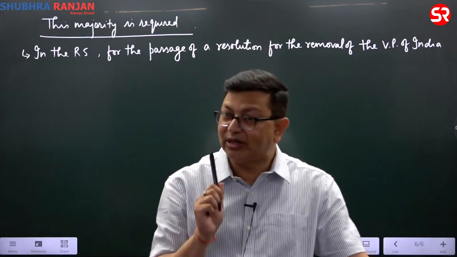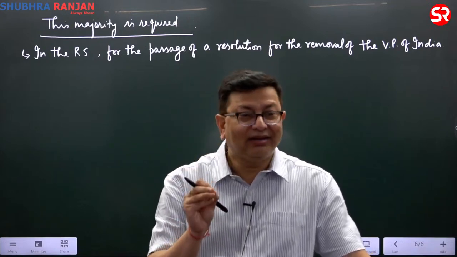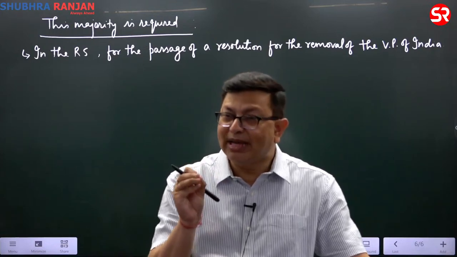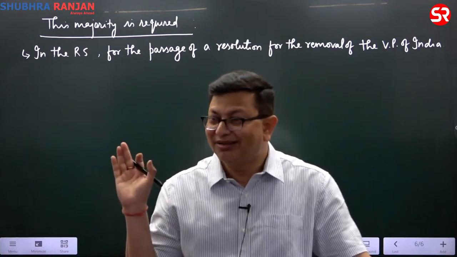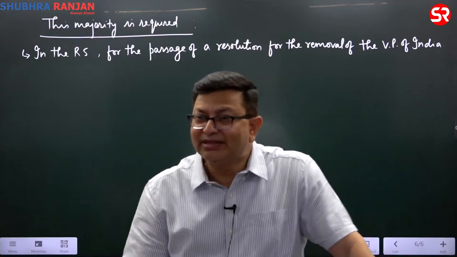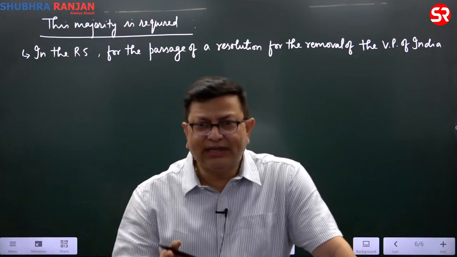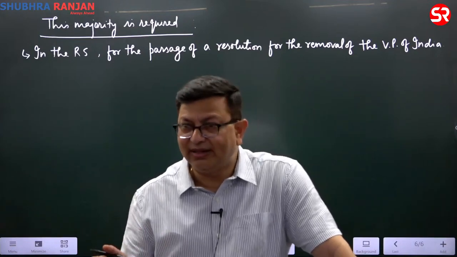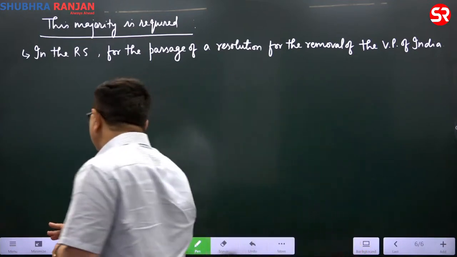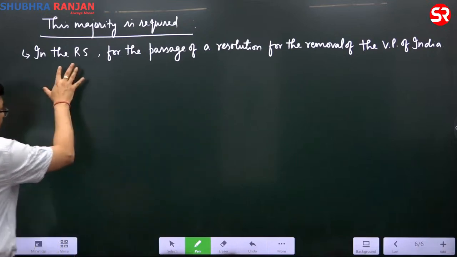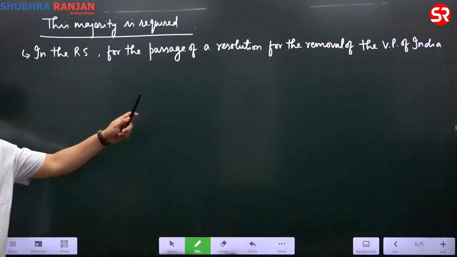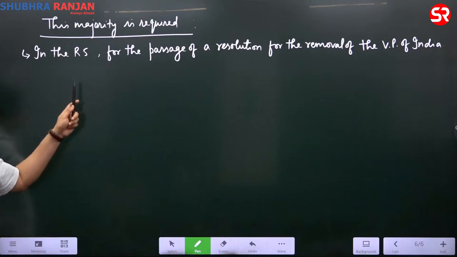After that, the resolution has to be approved by the Lok Sabha, which means approved by a simple majority. We will be discussing this in detail under the Vice President. But just as we are talking about the majority, for the removal of the Vice President, effective majority will be required in the Rajya Sabha.